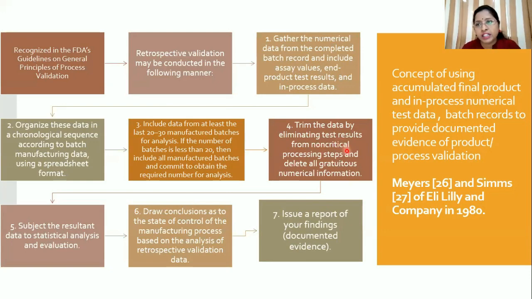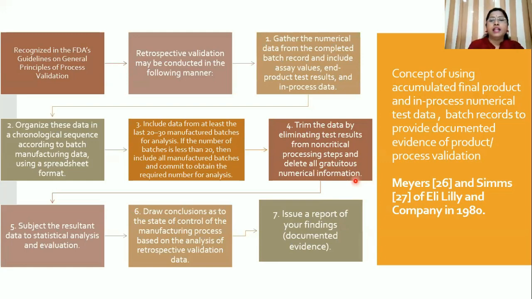So you have to delete that data. Delete all gratuitous numerical information, the mixed or random information that we can see. You have to keep only the data of critical processing parameters.